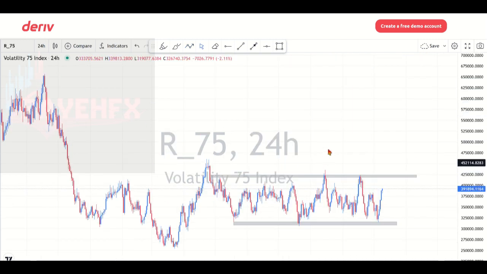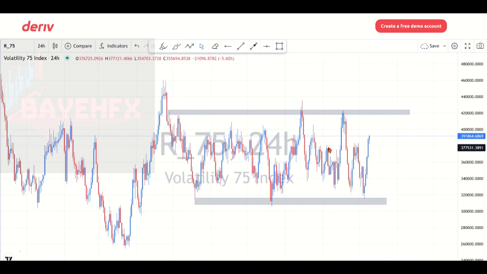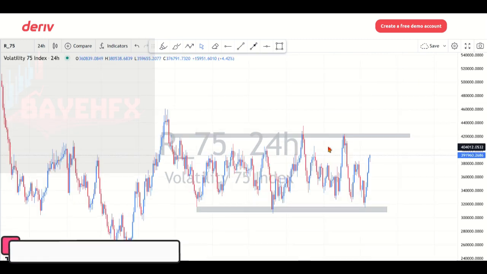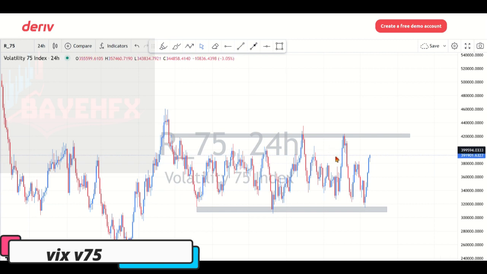Hello guys, this is VIX75 on the highest time frame. If you remember our previous week analysis, we said what? VIX75 is on a ranging pattern. And the last fall was a bearish one, so it got support here.